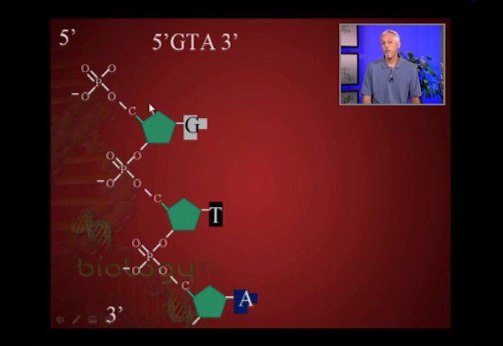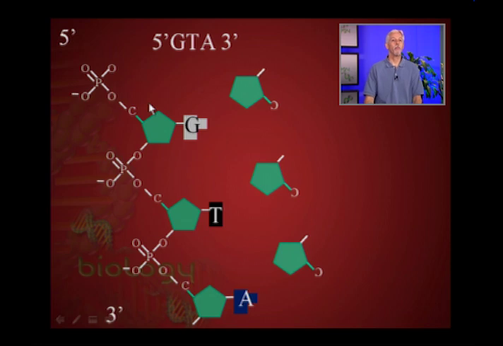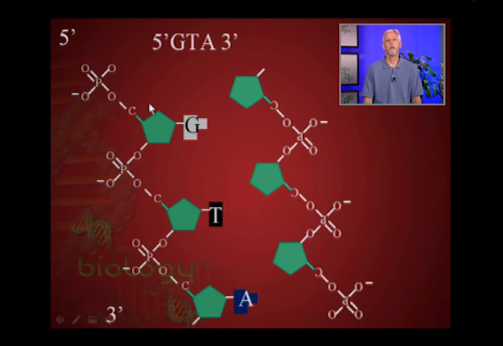So that's one strand. But if you know one strand, remember, you also know the sequence of the other strand. The other strand would be running in the opposite direction. So you literally then could turn your paper over and draw in your sugars, leaving space for the nitrogenous bases. You'd link those with the phosphates as you did before. And then put in the appropriate nitrogenous bases.